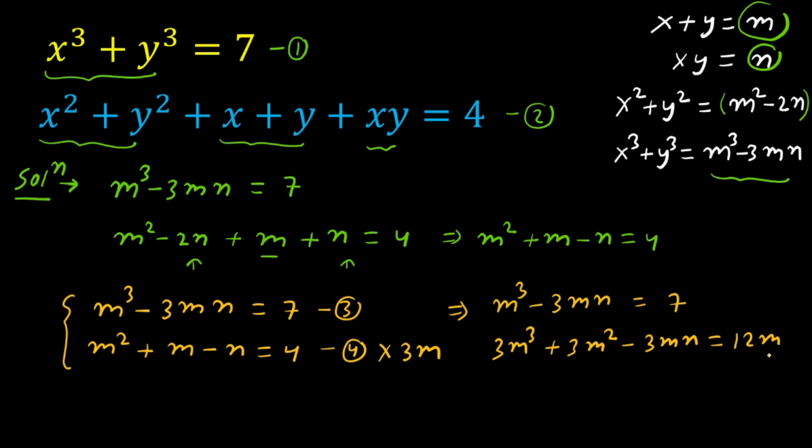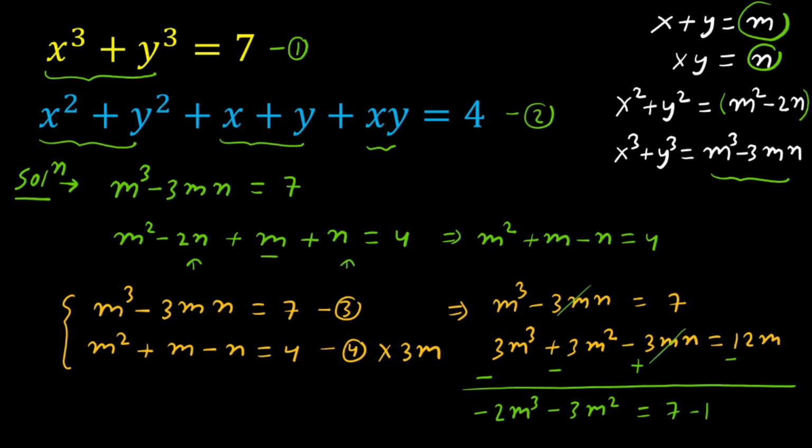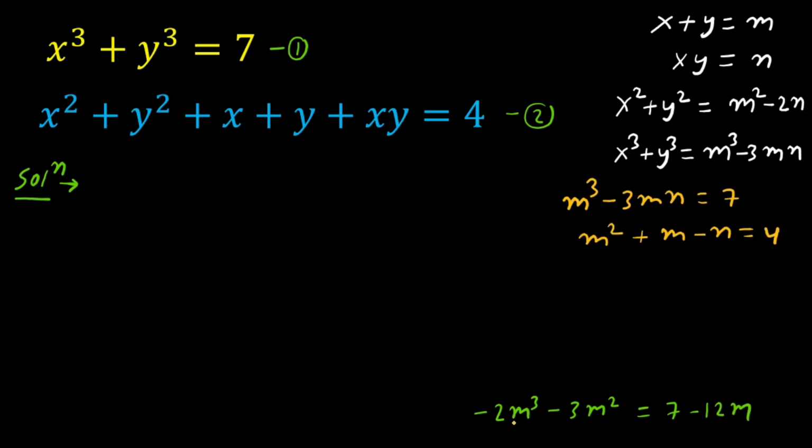If we subtract this equation from this, m^3 - 3m^3 is -2m^3, the -3mn and +3mn cancel out, then -3m^2 = 7 - 12m.